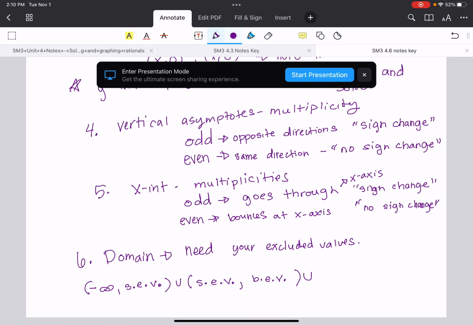If there's more than 2, just keep going from each one in order. And then your bigger excluded value goes to infinity.